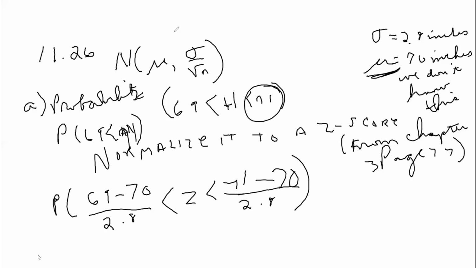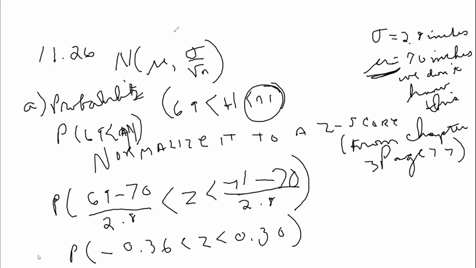That looks like this: the P is negative 0.36 less than Z less than 0.36. That's what you get when you do this calculation.